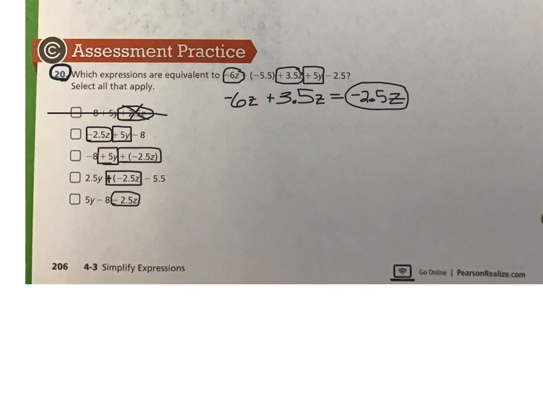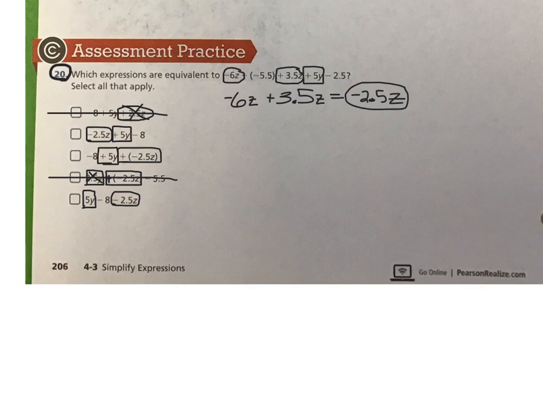The third option also has plus 5y, but the fourth option does not. Is this the same? And the answer is no. So that fourth option down is also eliminated from the possible answer choices. In the fifth answer choice, you do have a positive 5y at the beginning, so that would be equivalent.